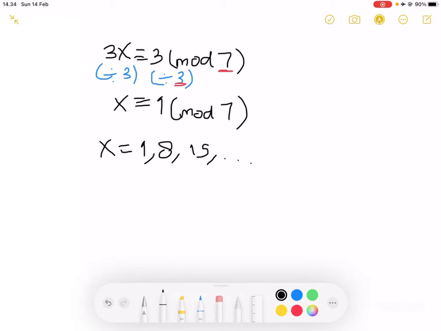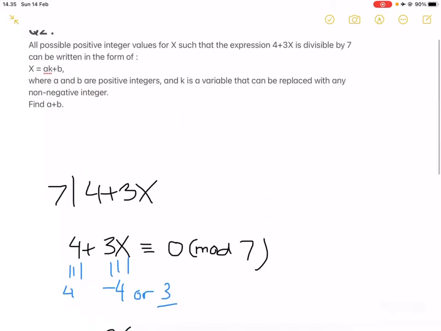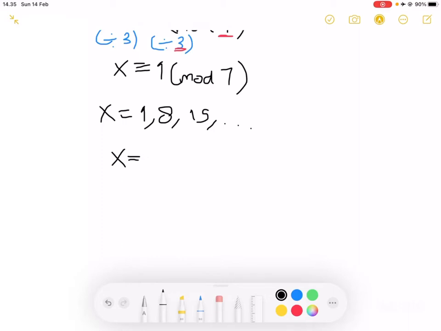From this you might notice this is an arithmetic sequence, and therefore you can find the kth term, not the nth term in this case, because k is the variable. Or you can rewrite x as 7 times whatever variable, possibly k, plus 1.